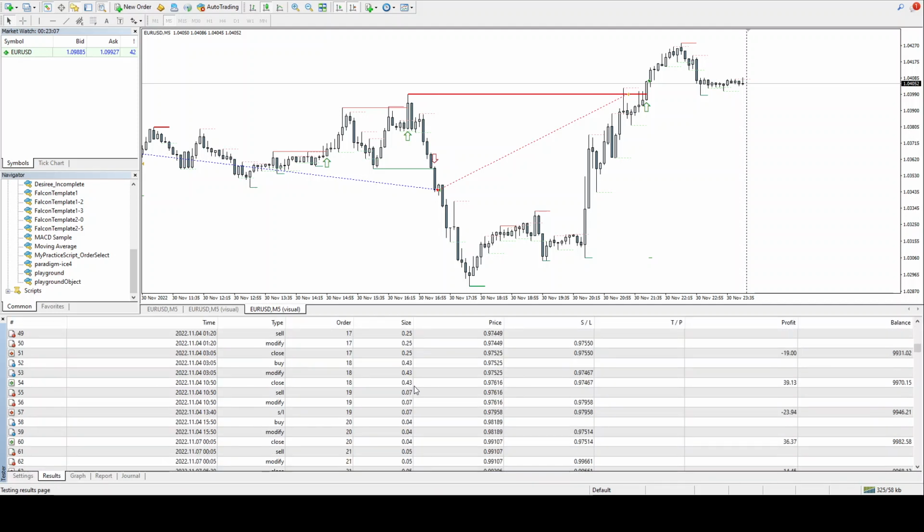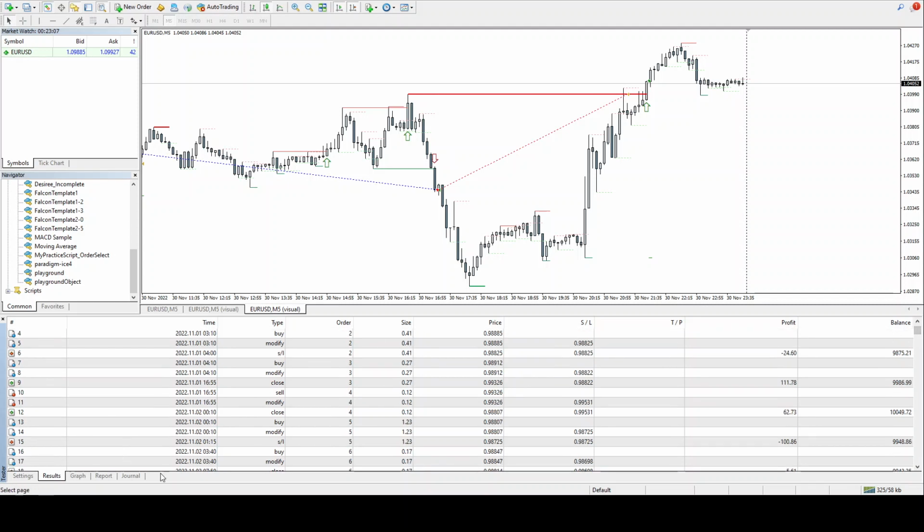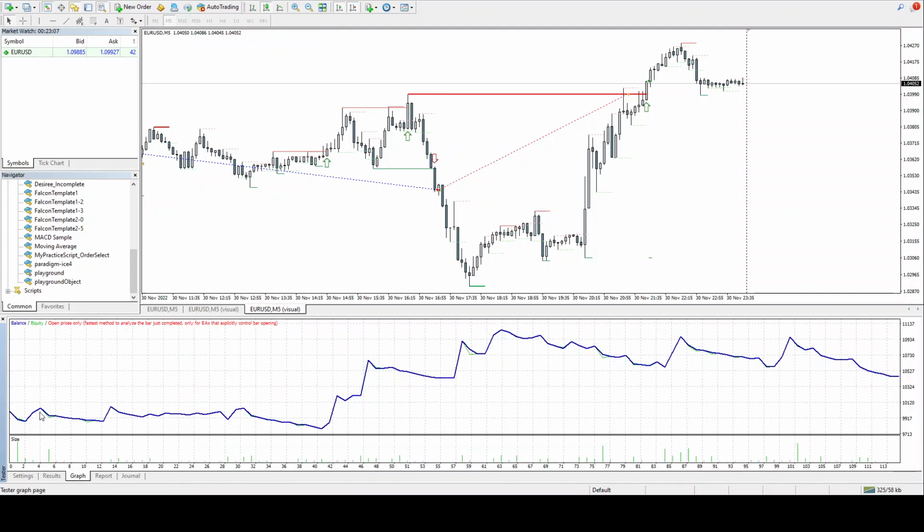So these are all the trades that we're taking, and here this is the graph for the month of November. Okay, this is the equity curve rather for the month of November. So it's profitable for November.